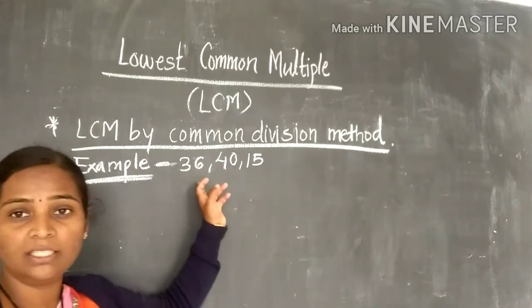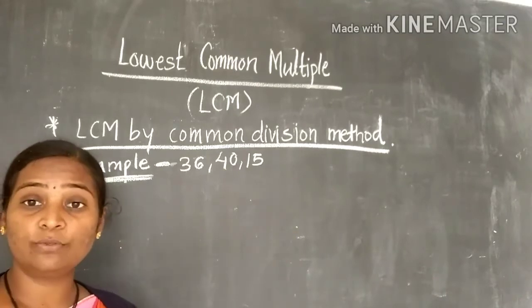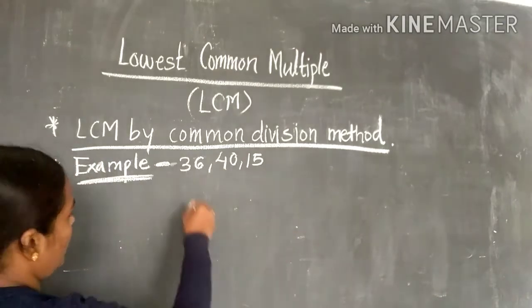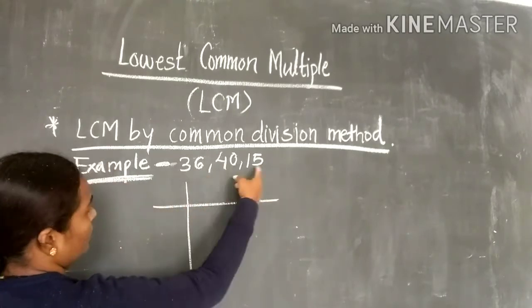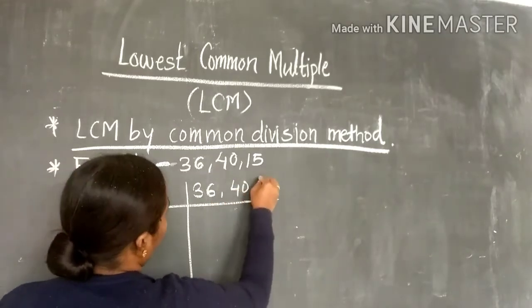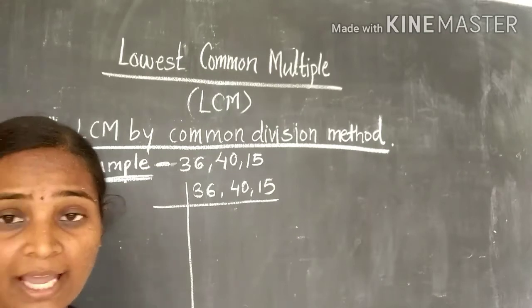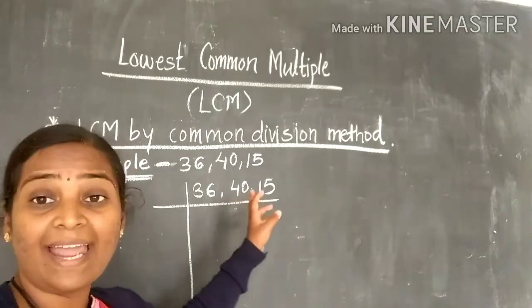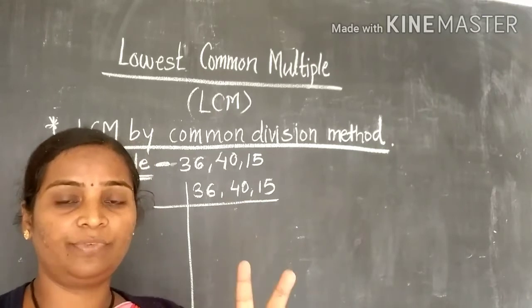I have taken here one example, that is 36, 40 and 50. How to do this common division method? Let's see. You have to put these numbers separated by commas, 36, 40 and 50. Now you have to check that at least two numbers are divisible by the number you have taken.